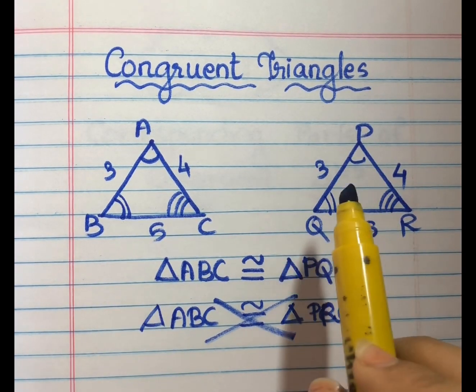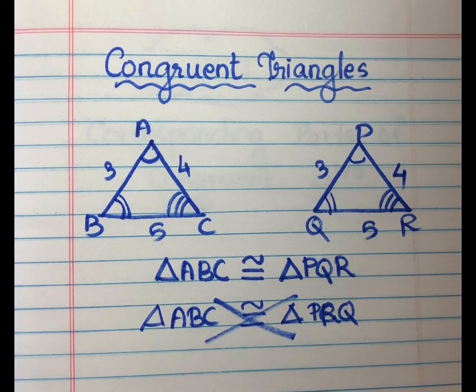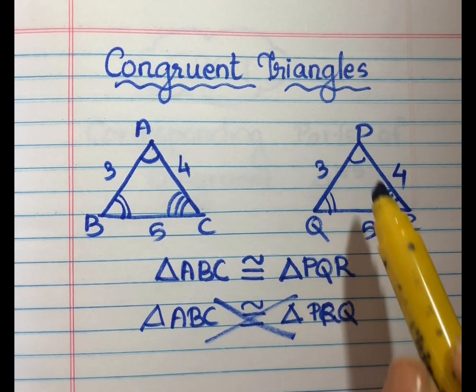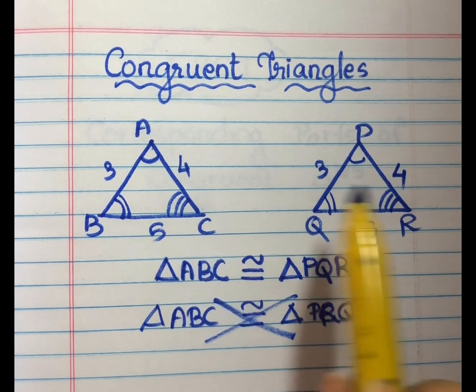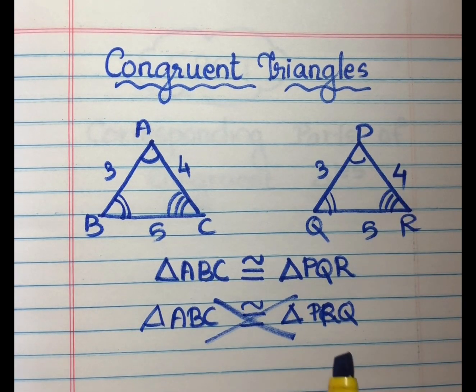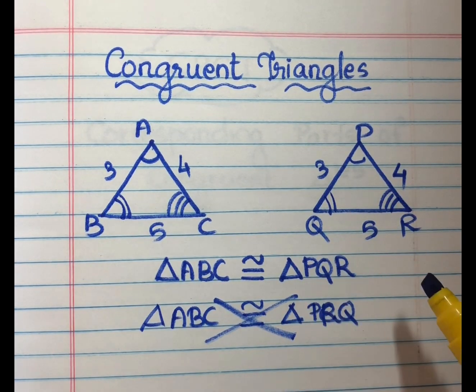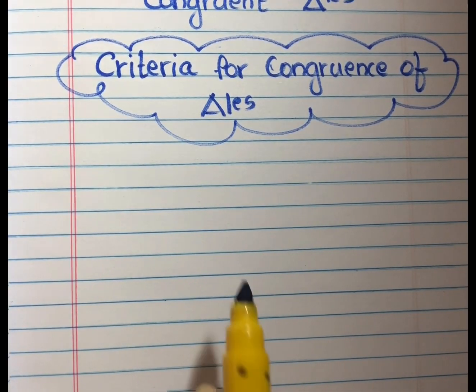Why? CPCT. AC is equal to PR. Why? Because triangle ABC is congruent to triangle PQR. Therefore AC and PR are CPCT. Similarly, angle C and angle R are equal. Why? CPCT.